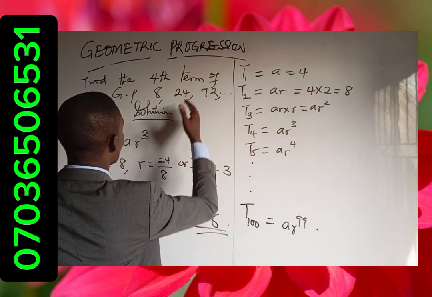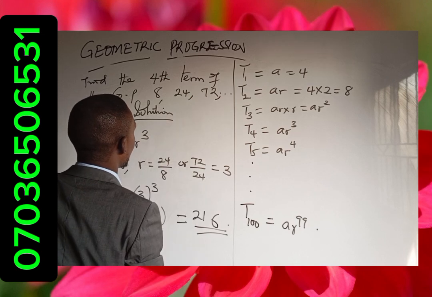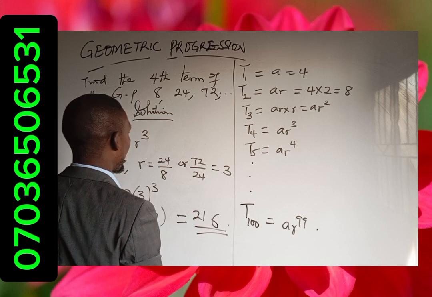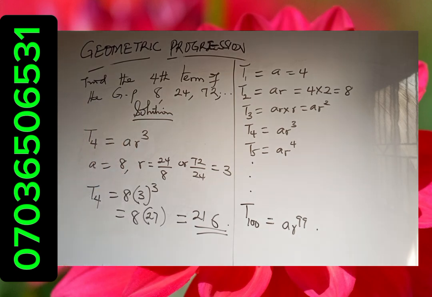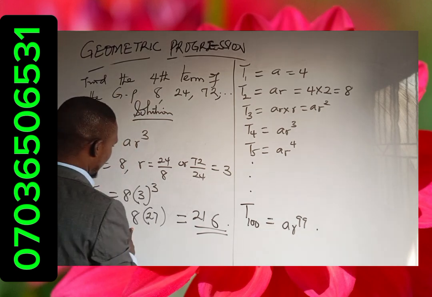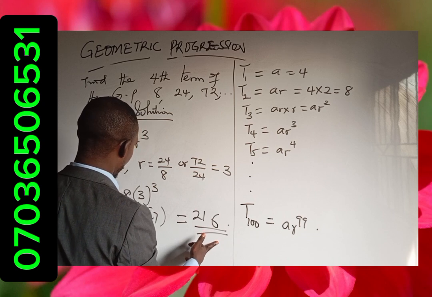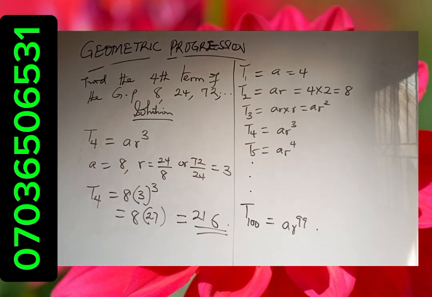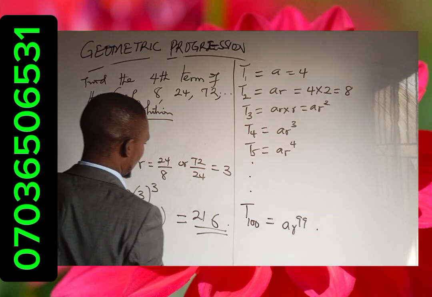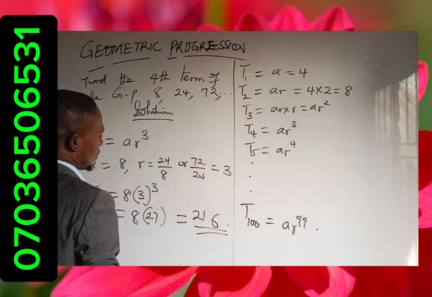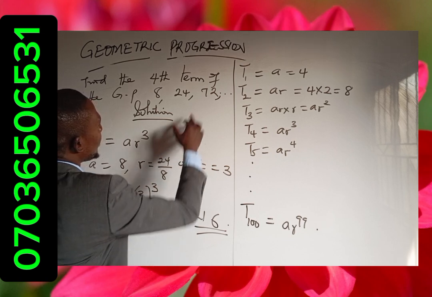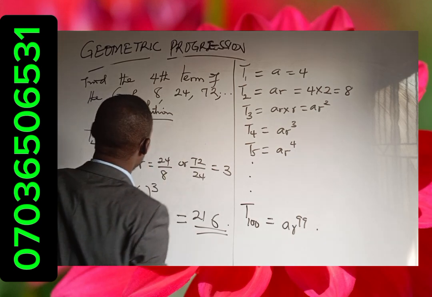If you do 72 times 3, the fourth term, are you sure we are correct? Yes, you're very correct. Okay, very correct. Now let's proceed.